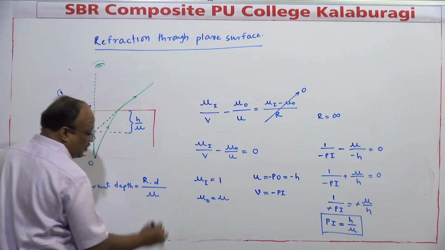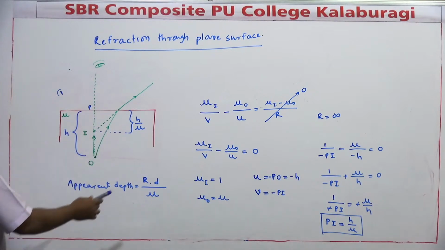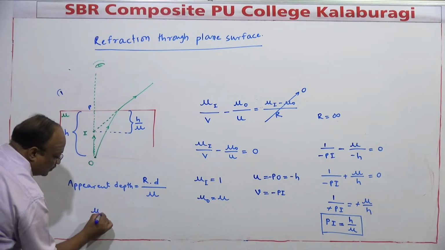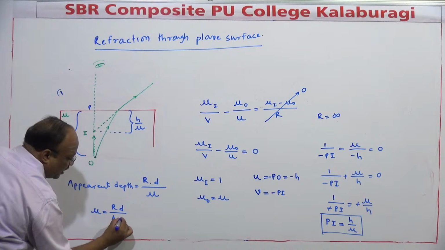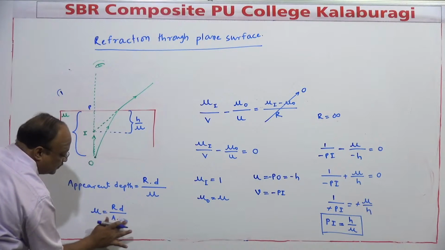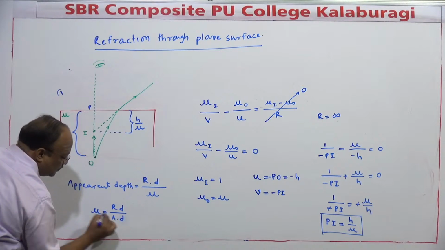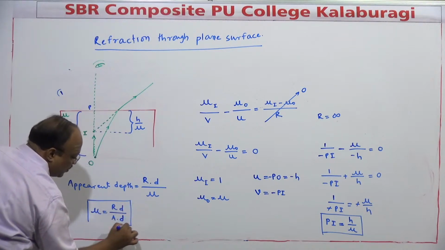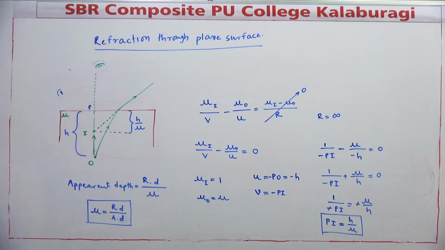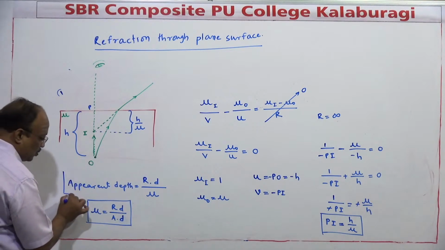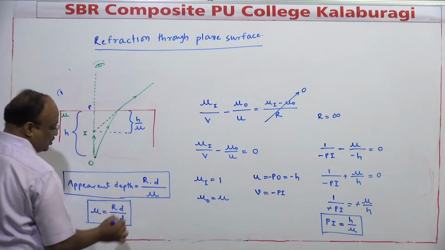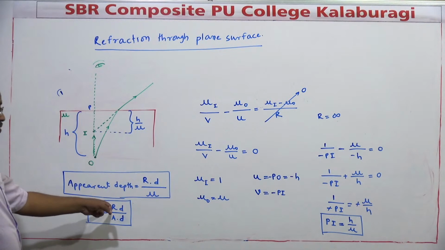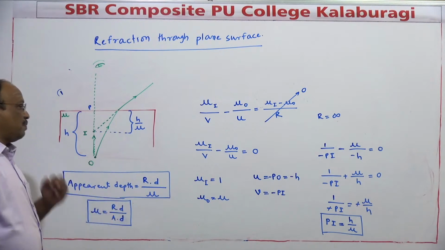Mu is equal to real depth by apparent depth. Either this you can use, or apparent depth is equal to real depth by mu.